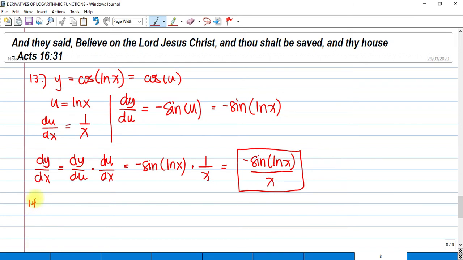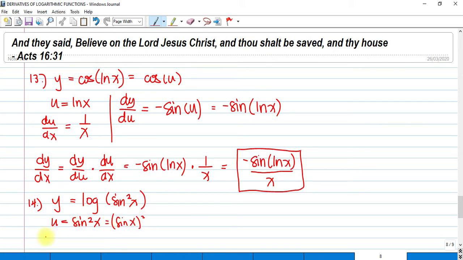And last, for our problem number 14, we have y is equal to the logarithm of sine squared x. So how do we differentiate this? Again, we have to let u be equal to sine squared x, which is also equal to sine of x squared.